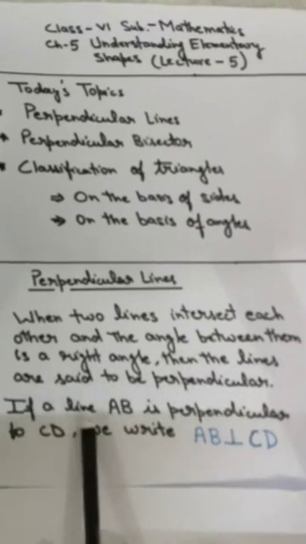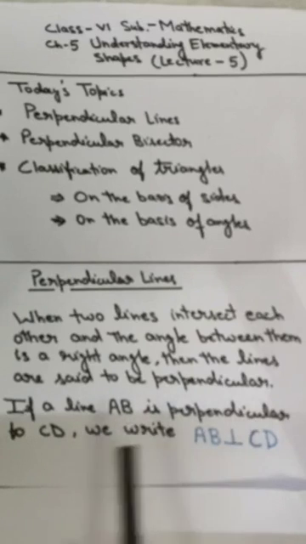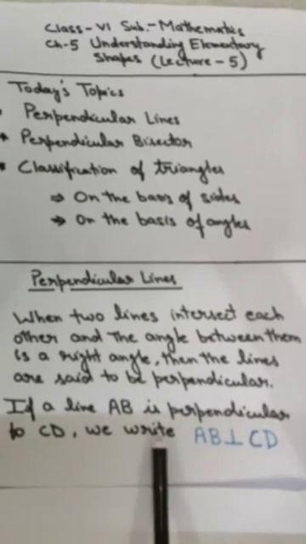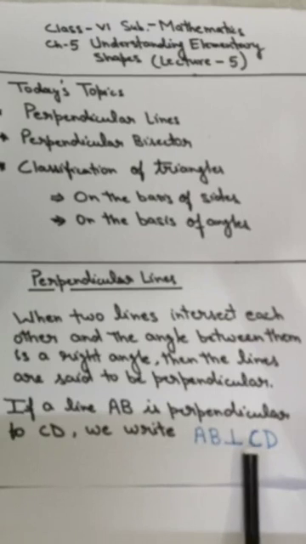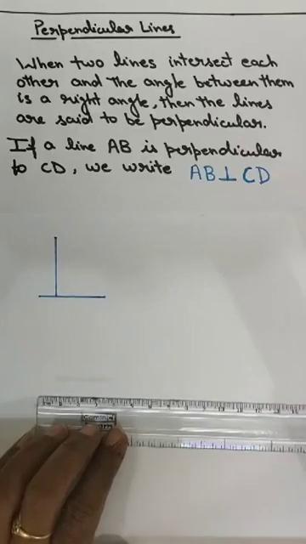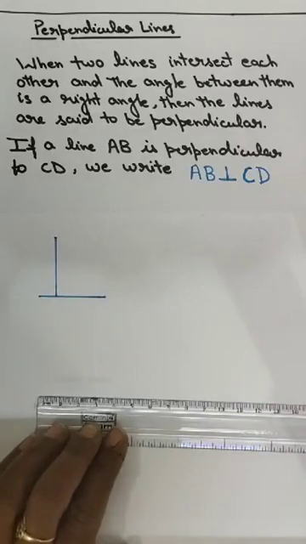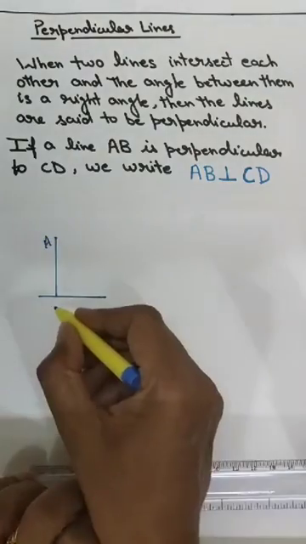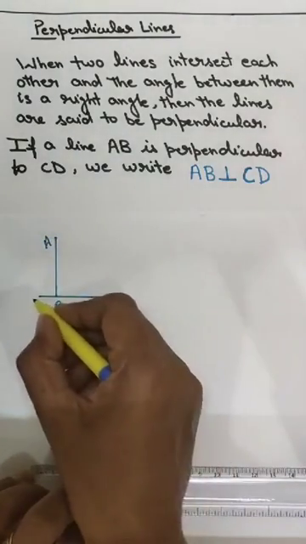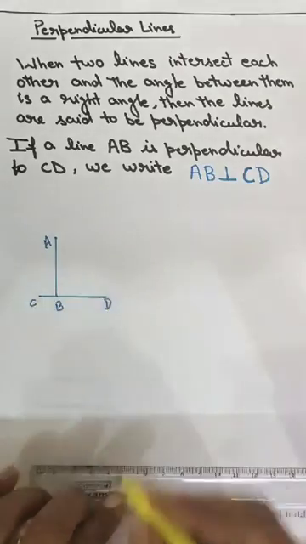Okay, if a line AB is perpendicular to CD, we write it as AB ⊥ CD. This is the sign of perpendicular. Now see these two lines. Suppose this is line AB and this is line CD.